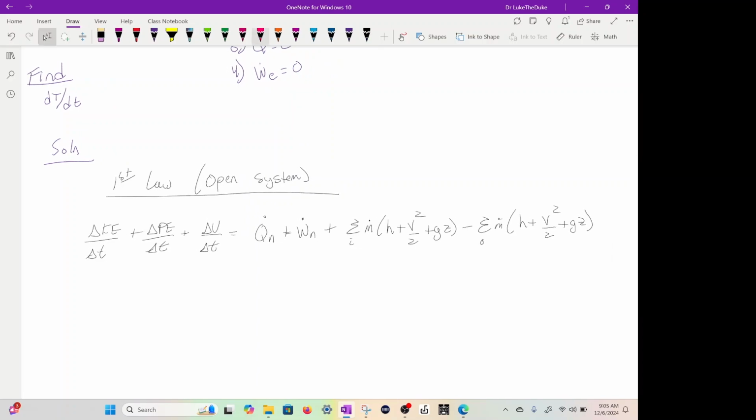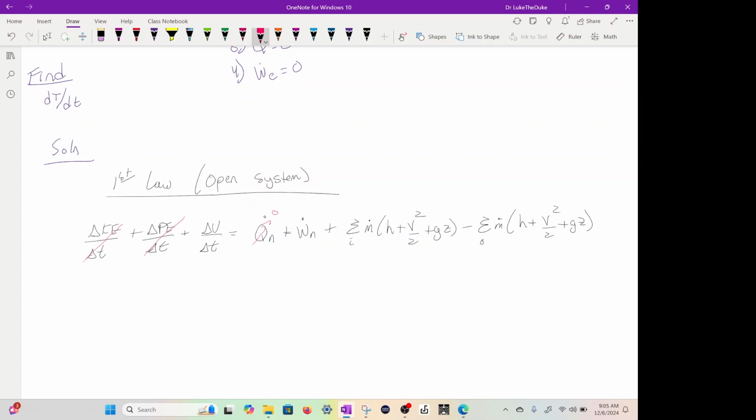Again, let's look at the left of the equal sign. That's gone and that's gone because this hot water system is not moving in space. It's stationary, so only the temperature of the water changes inside of the system. On the right, it's adiabatic, so there's no heat loss through the boundary.